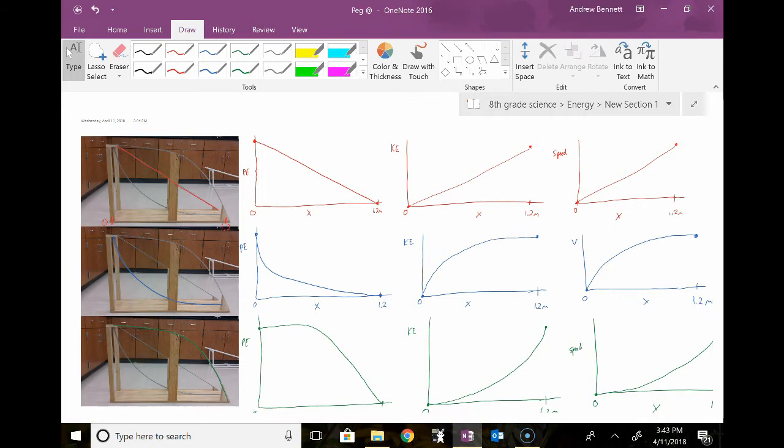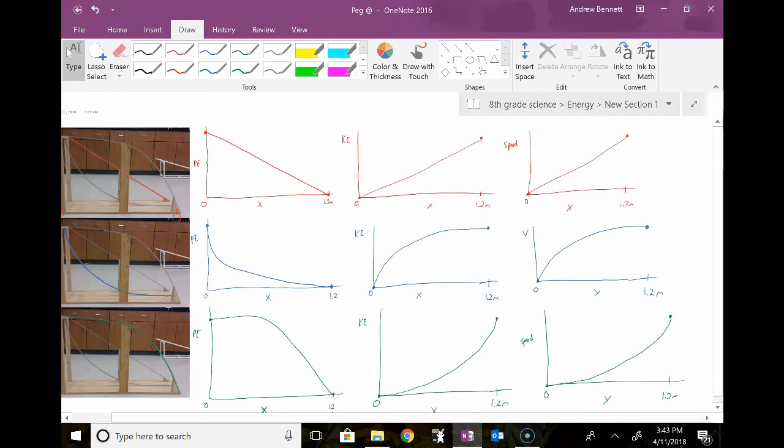For all three balls, that potential energy all turns into kinetic energy. So for all three balls, they end with the same kinetic energy. And if kinetic energy at the end is the same for all three, then the speed must also be the same at the end for all three. Now, as far as which one wins the race, well, let's check out the video for that and see.